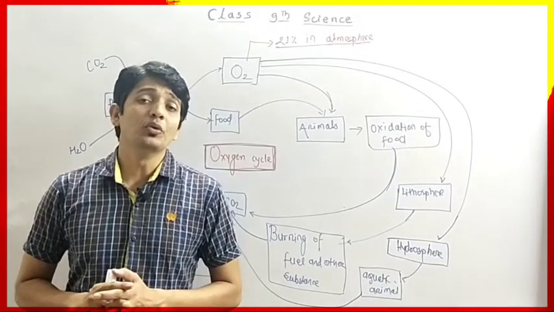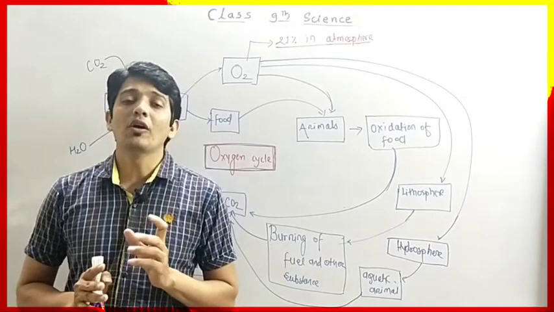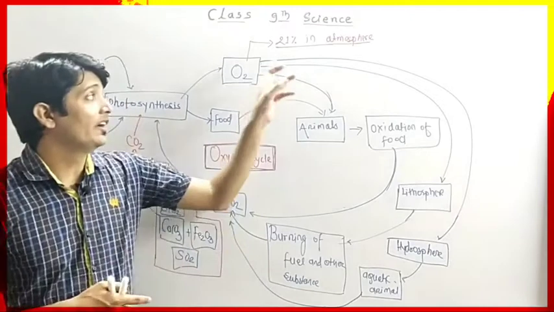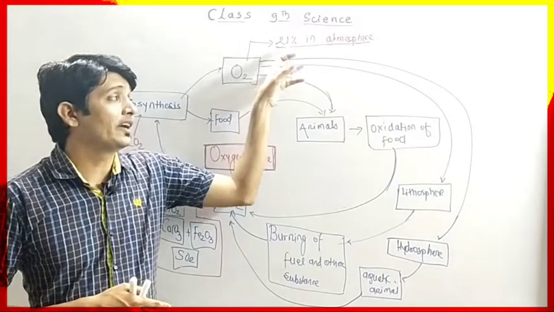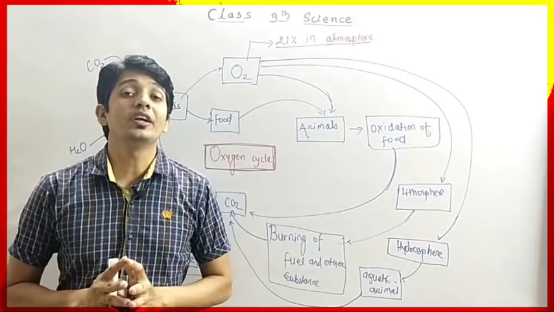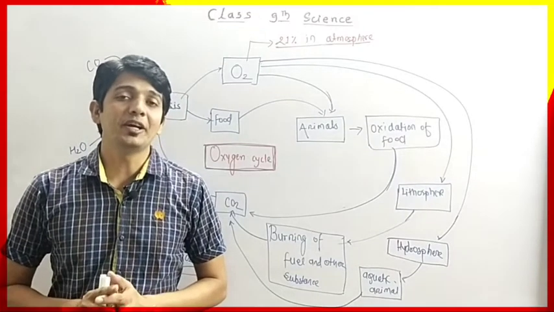As we know, in our atmosphere 21% of the constituent is oxygen. Oxygen is present along with all other gases, but oxygen is 21% and nitrogen is 78%.